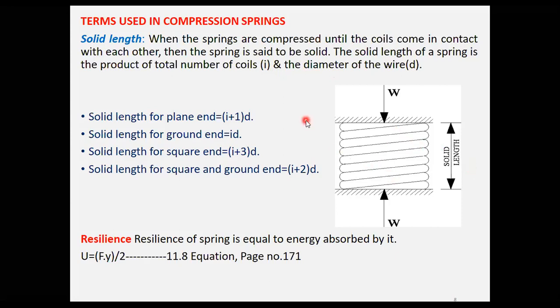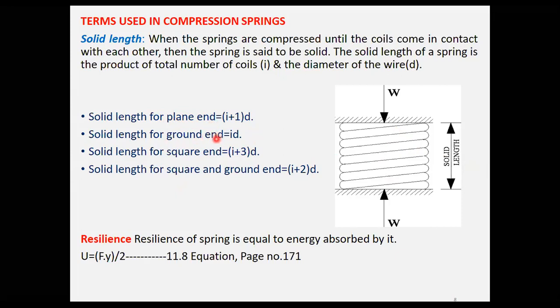And to measure the solid length, there are 4 conditions. What are the conditions they will give? They will tell that the spring is plane ended. Plane ended means you have to use this formula: (I plus 1) into D. I is the number of coils, D is the diameter of the wire. While solving the problem, I will tell you, because I need to show the diagram. From that you will understand this clearly. What is plane end? What is ground end?